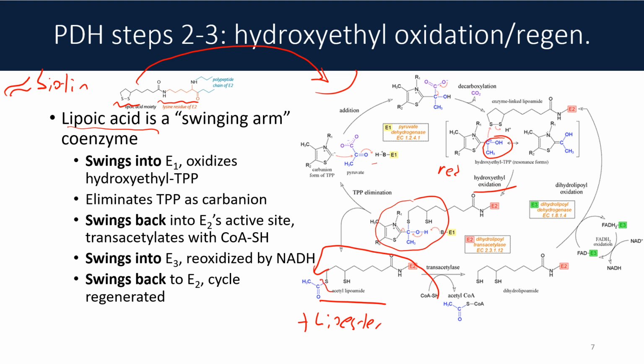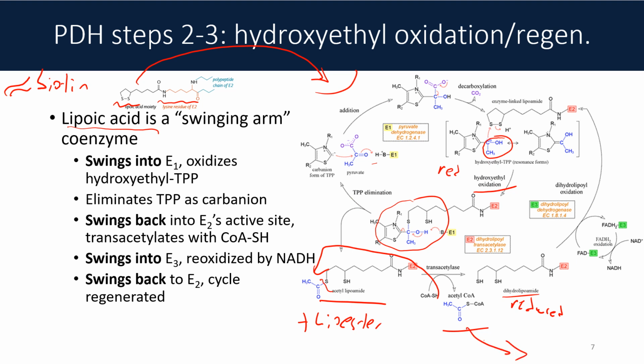That's going to liberate dihydrolipoamide, which is reduced, and generate one equivalent of acetyl-CoA. This is what we need to proceed with the citric acid cycle.